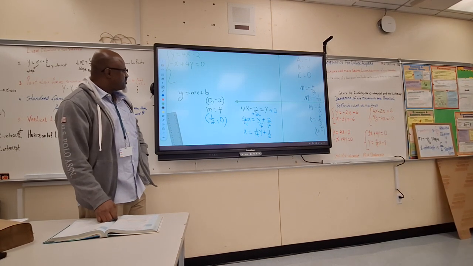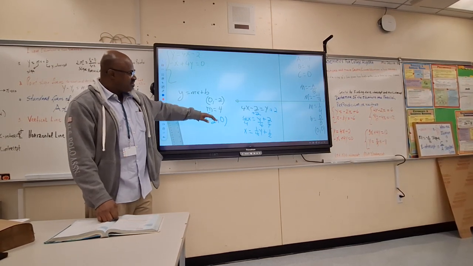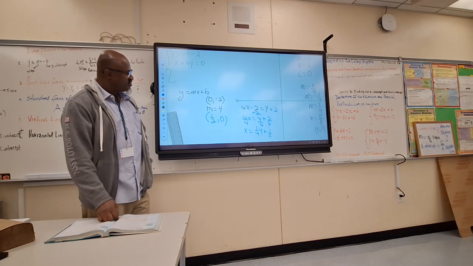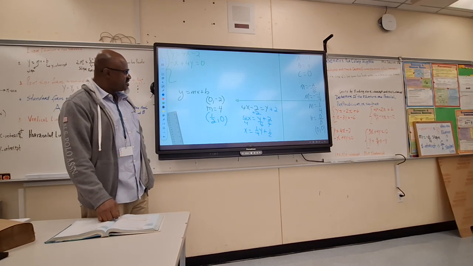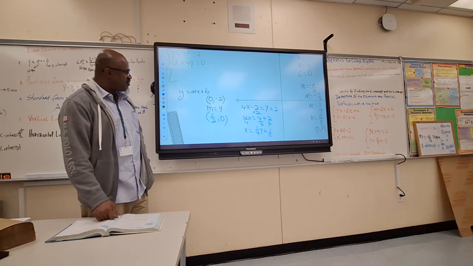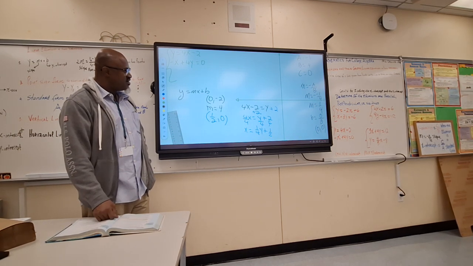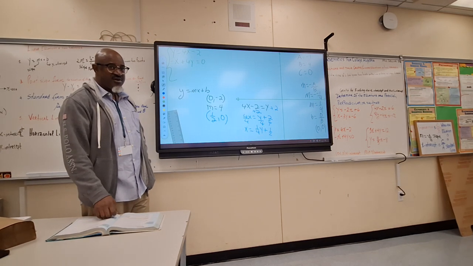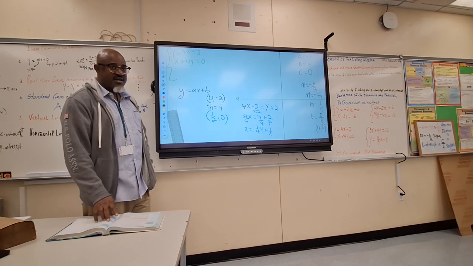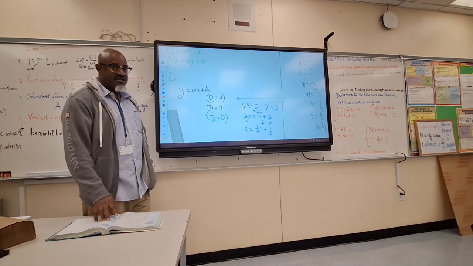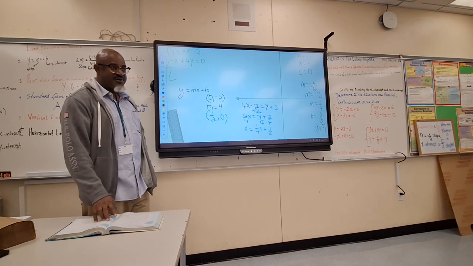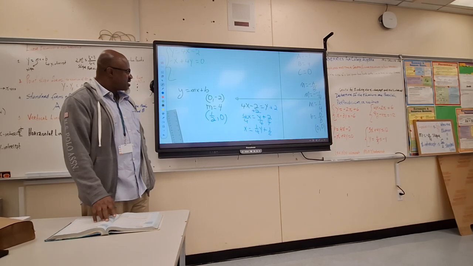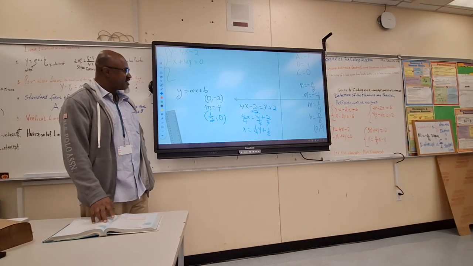What is the slope of this one? And what is the slope of the other one? 1/4. Are they the same? No. Are they opposite reciprocals? No. One of them has to be negative in order for them to be perpendicular, right? Make sense? In this case, they are neither, right? So the only thing we need to do is graph that.